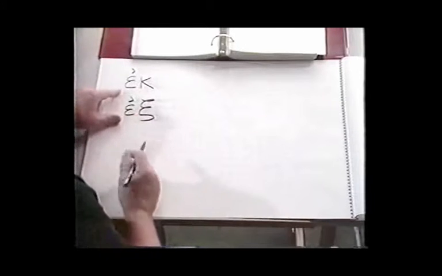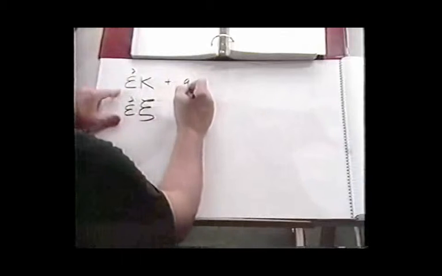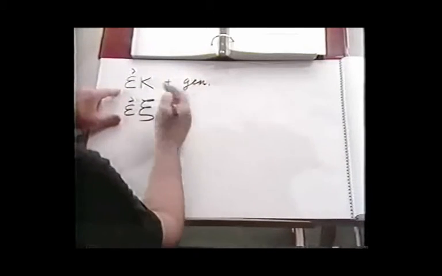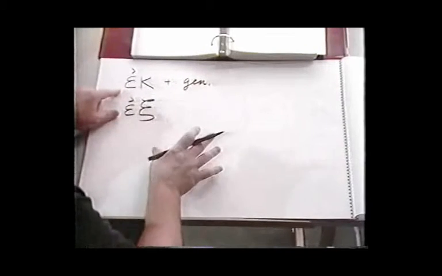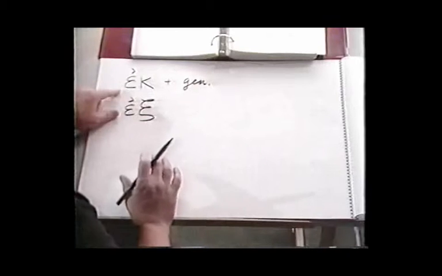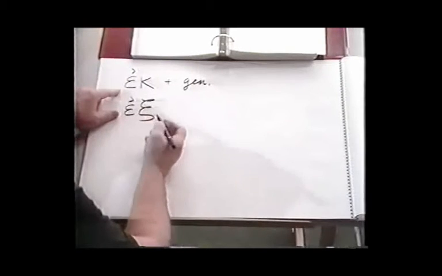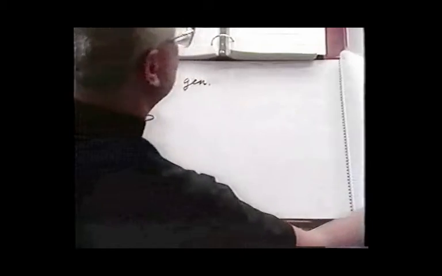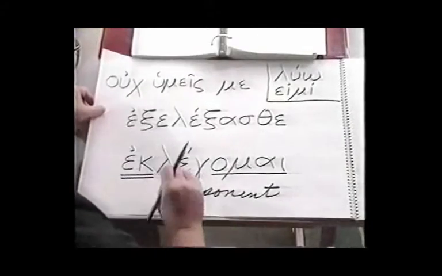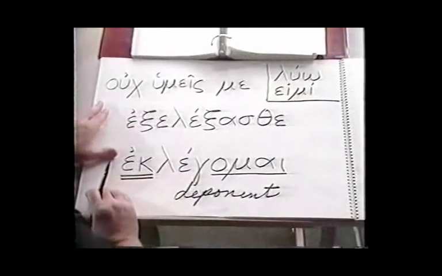You'll learn more about this preposition when you learn your vocabulary, that ek plus the genitive means out of or out from or by. We get our English word exit from this word. E-X-I-T, exit. So let's go back now to our verb in our text.